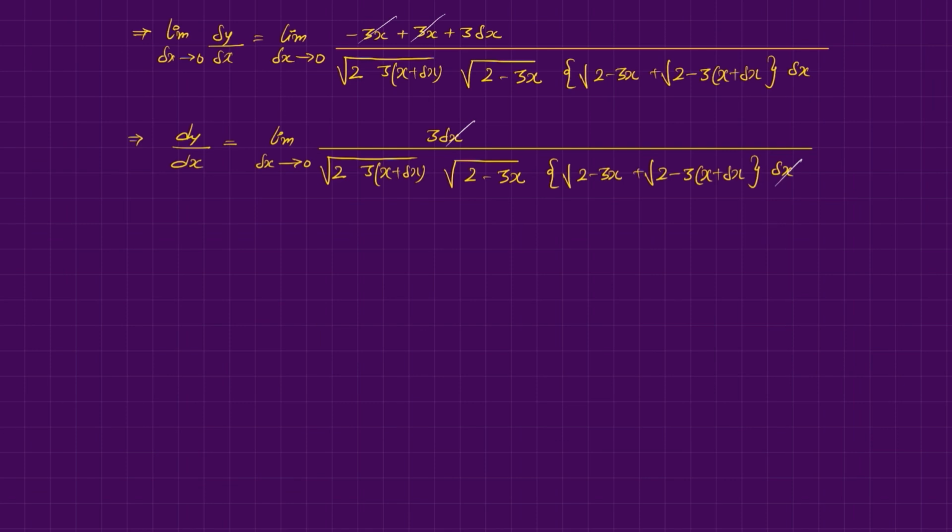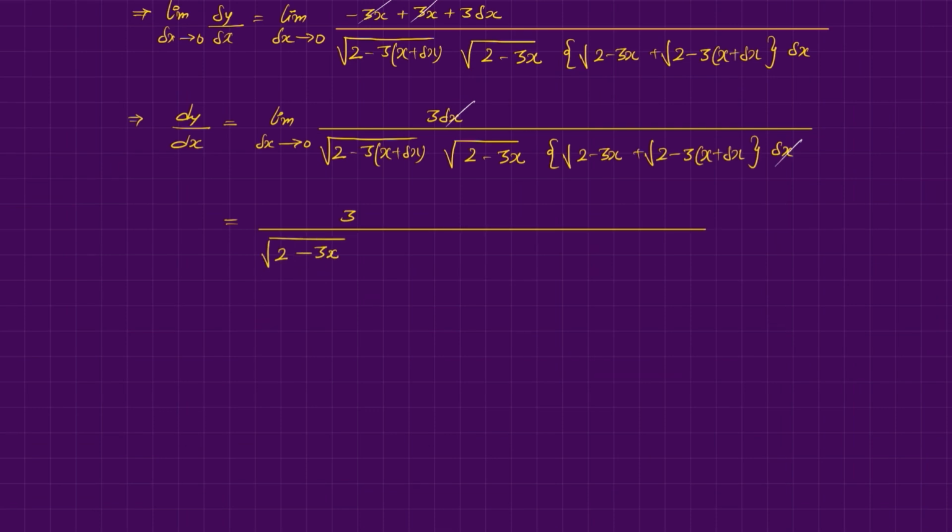So now let us put the limit on the next step, that will be 3 over root over 2 minus 3x, as delta x is 0, into root over 2 minus 3x plus root over 2 minus 3x.